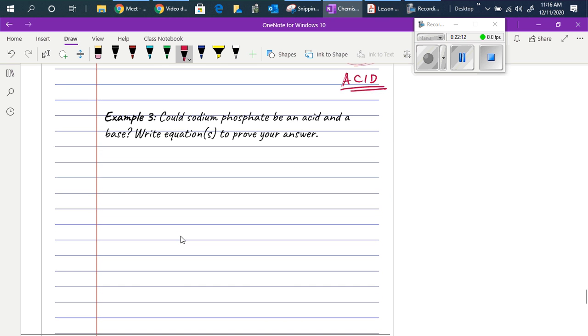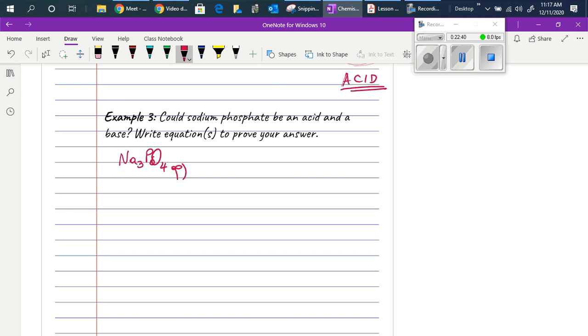Let's take a look at the other one. We have: could sodium phosphate be an acid or a base? Write equations to prove that. Okay, so now let's take a look. Sodium phosphate is Na3PO4.